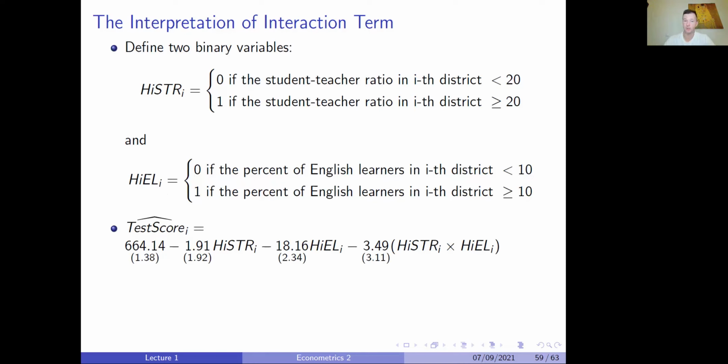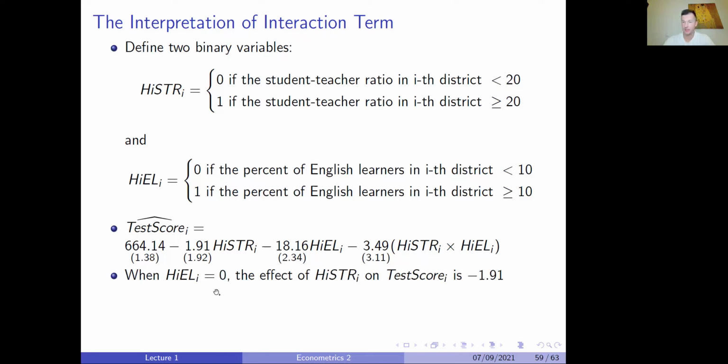So here is the estimation output. The test score equals this formula. Let's try to understand what it means.